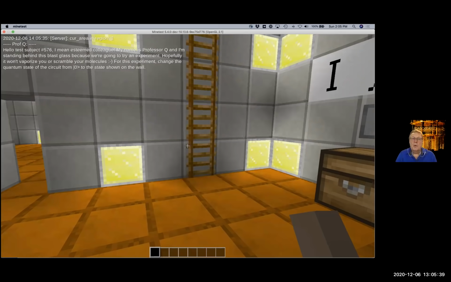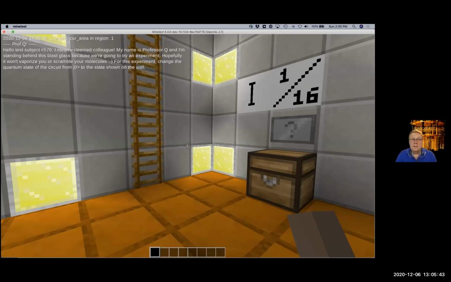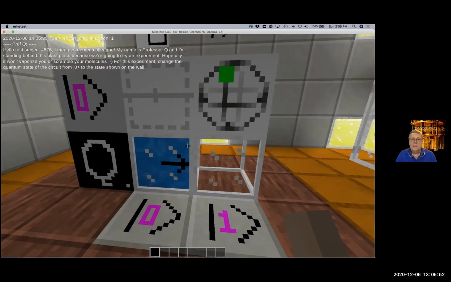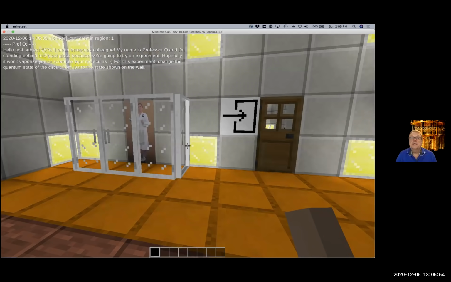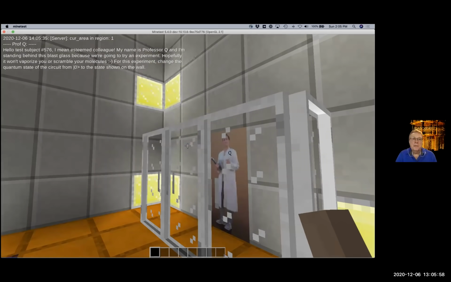It's real important to read what's showing on the upper left-hand corner of the screen, because what's showing there is what Professor Q is coaching you through. She's interested in helping you get through these escape rooms.